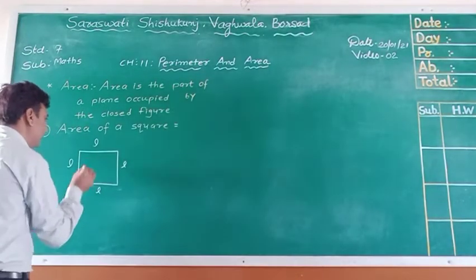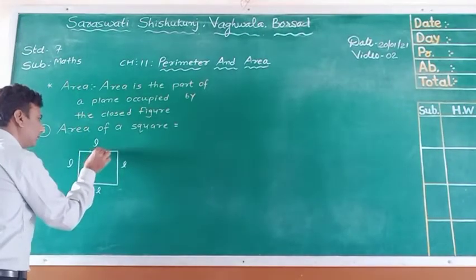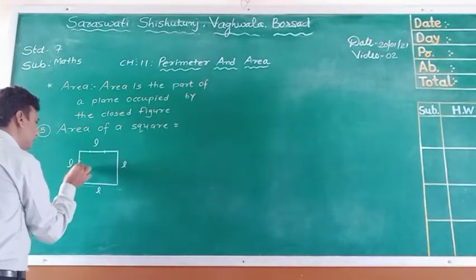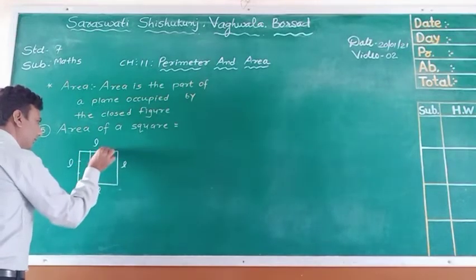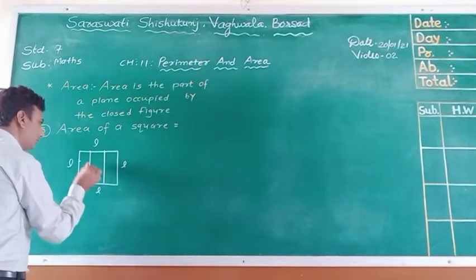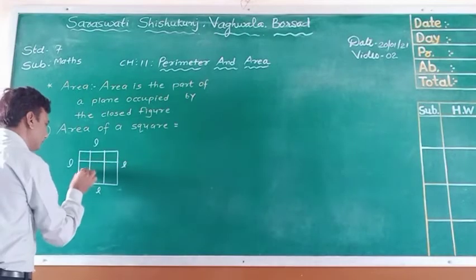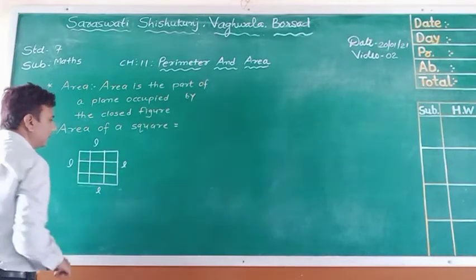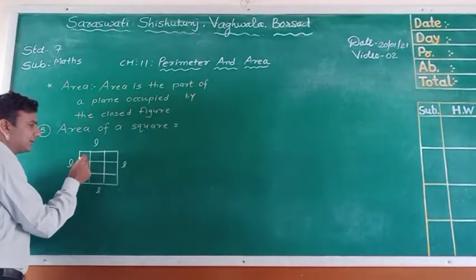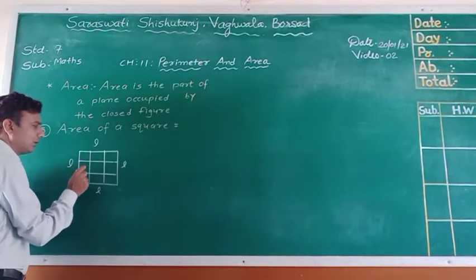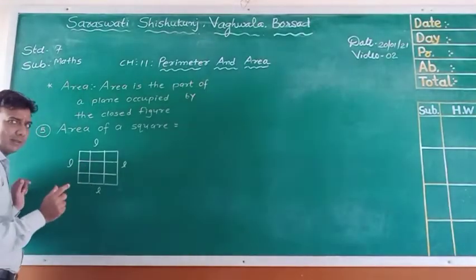So let's take here 1, 2, 1. Here we can observe all of these are 1 centimeter, 1 centimeter, 1 centimeter squares; all squares are equal in measurement.